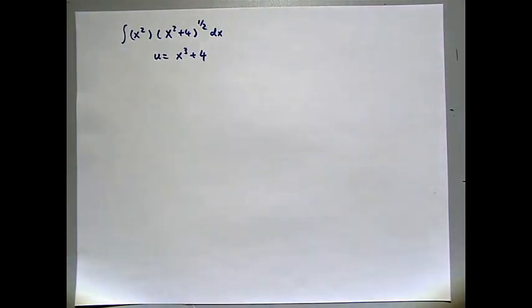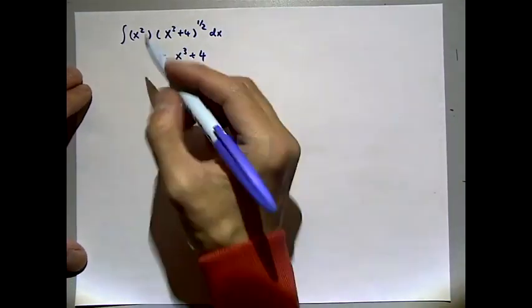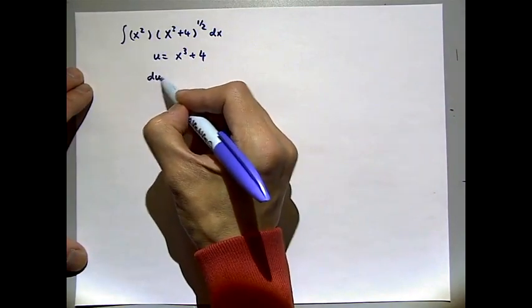We made the decision to let u be x cubed plus 4. Now, next step, if you look back at the first example we did today, we find the differential of u.